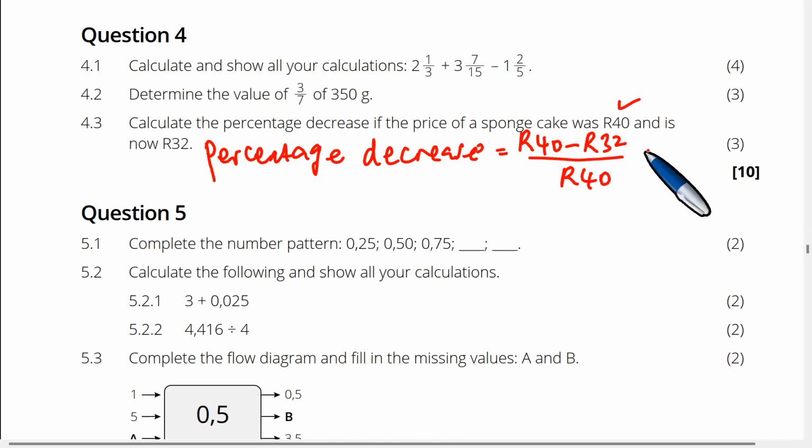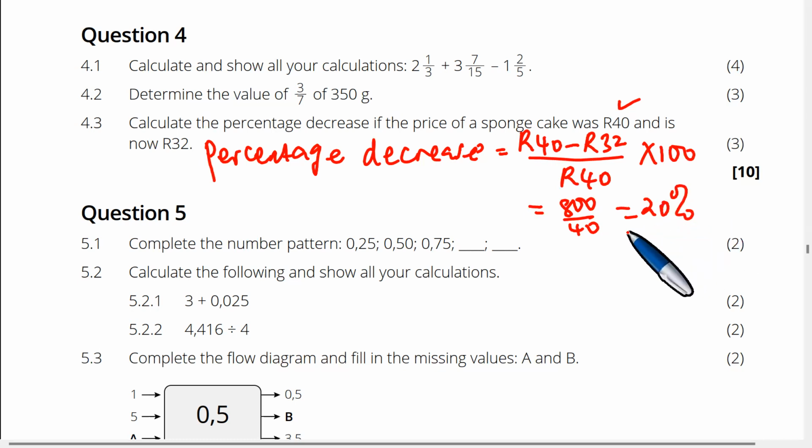Divide by the old price and then you multiply by 100 and use a calculator. What is 40 minus 32? It's 8. 8 times 100 is 800 over 40. What is 800 over 40? It's 20%. So the percentage decrease is actually 20%.